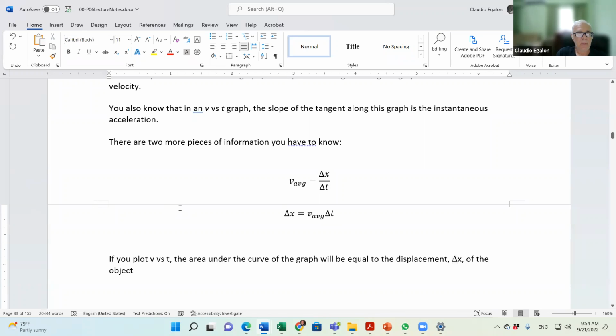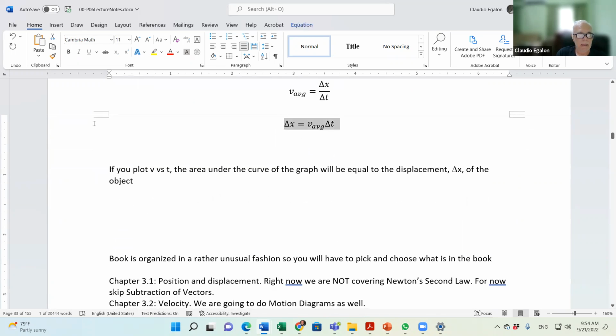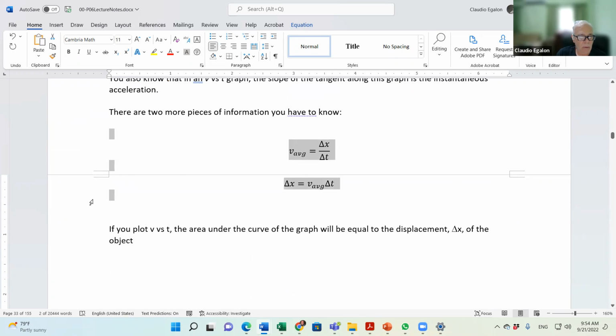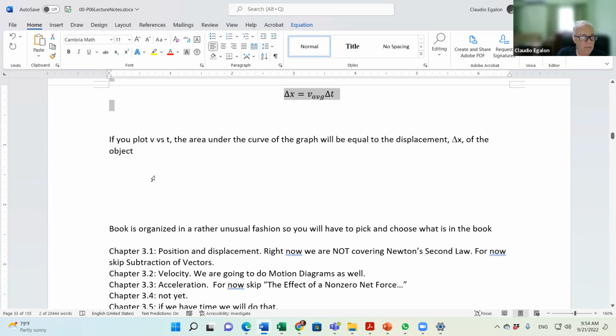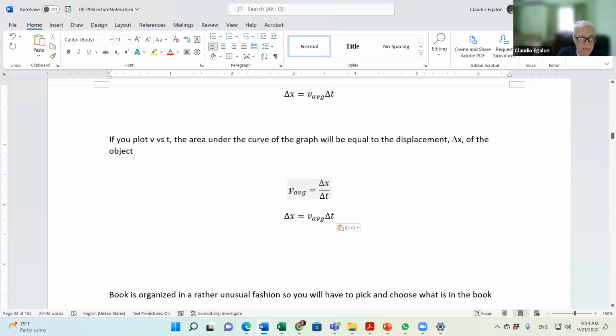Similarly, we have a similar result, not for the average velocity, but for the average acceleration.